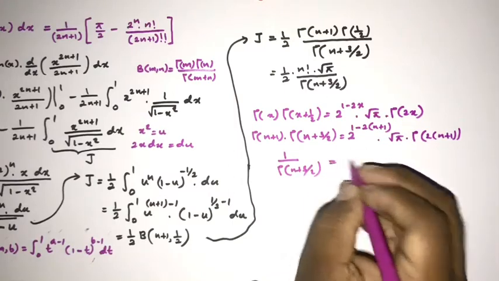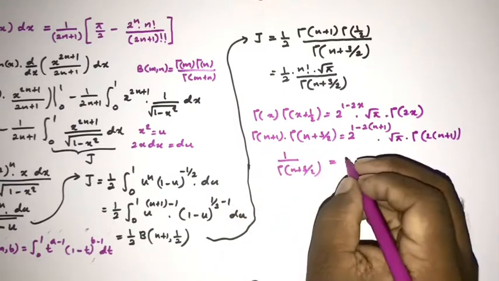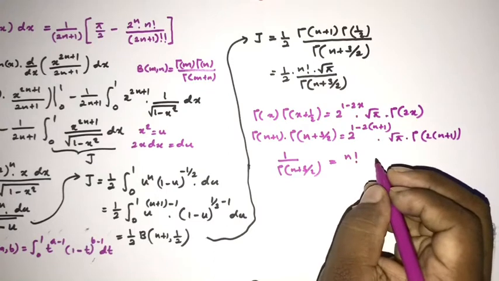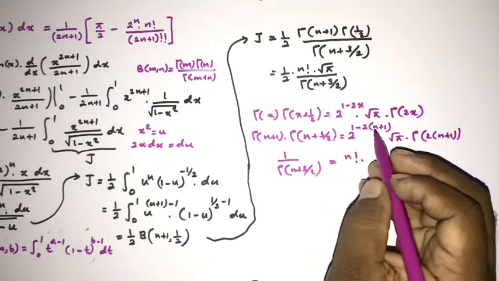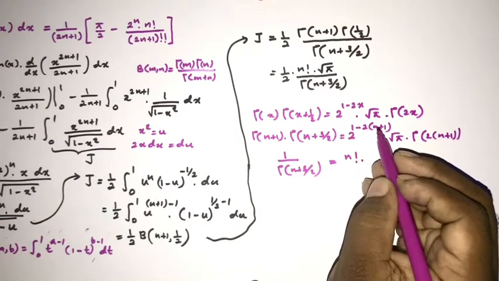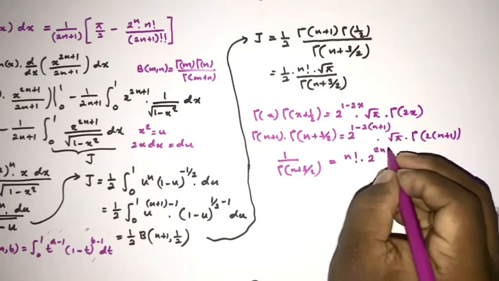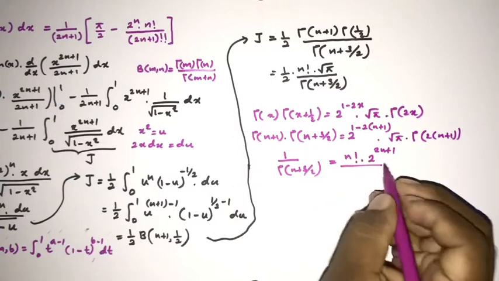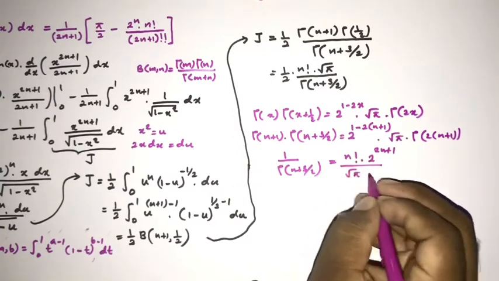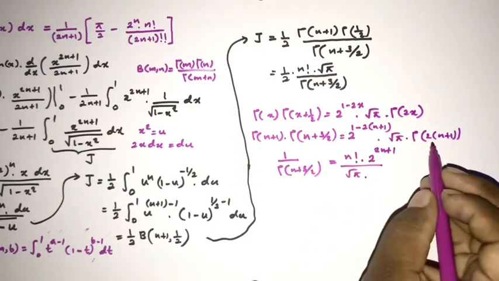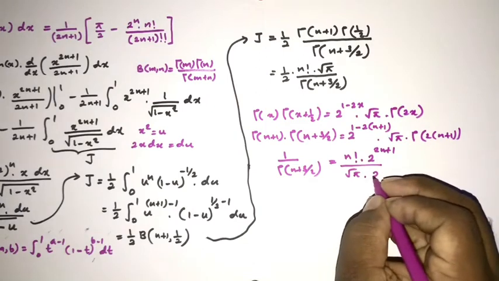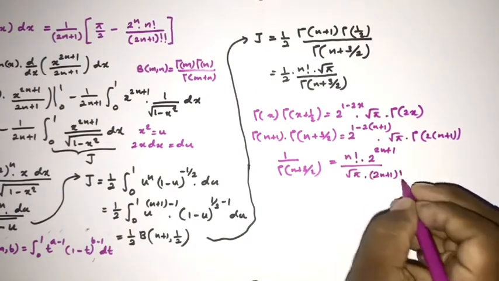So we have here gamma of n plus 1, we know n factorial, and then here if we simplify, minus 2 times n minus 1, so 2 raised to the 2n plus 1 over here, square root of pi times gamma of 2n plus 2, we know 2n plus 1 factorial.